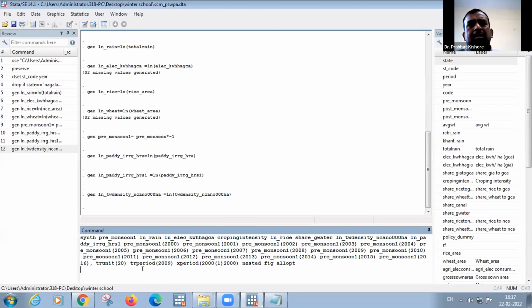We are using synthetic control; there is an option you can search on the net, or if there is some issue, you can mail me. Here we are using synth, and we want to see the three months groundwater level, then rainfall, electricity consumption, cropping intensity, and area.